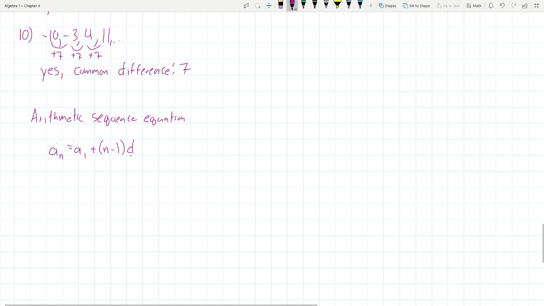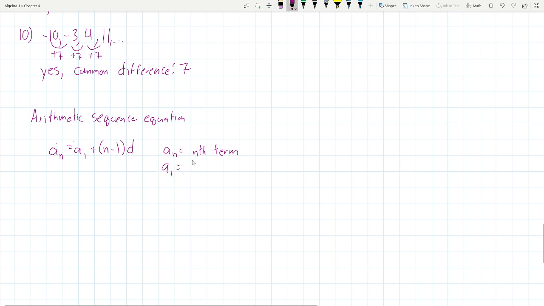Now that seems like a lot, and I'm going to go through what each thing means. A sub n is the nth term. Whenever we ask you to find the 20th term, that's what a sub n is going to be.